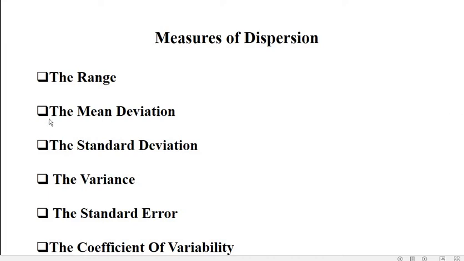We may use the range, المدى. The range is one method of measuring the dispersion of data. The other is the mean deviation, or الانحراف المتوسط, or the standard deviation الانحراف القياسي.